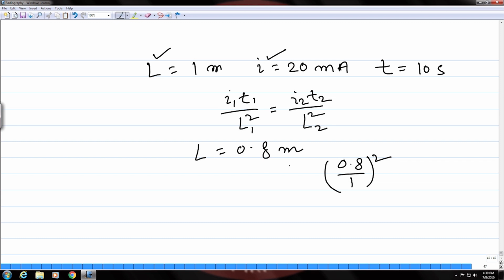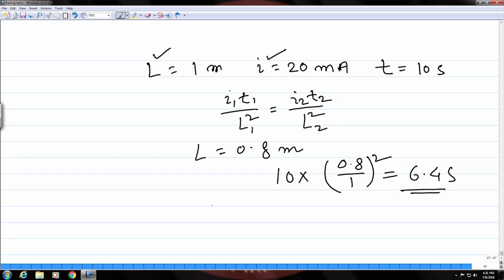So, for 1 meter it was 10 second and for 0.8 meter it will be 6.4 second. Okay. So, this is how if you vary the distance, the time will vary according to this relationship.